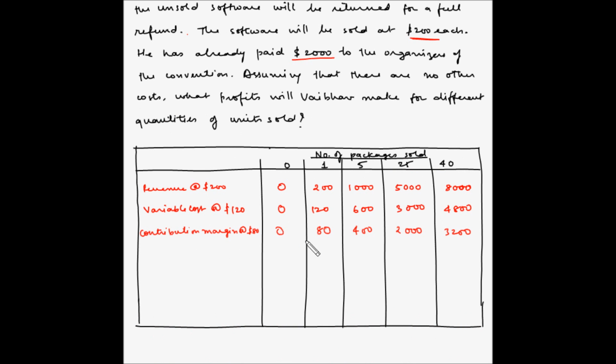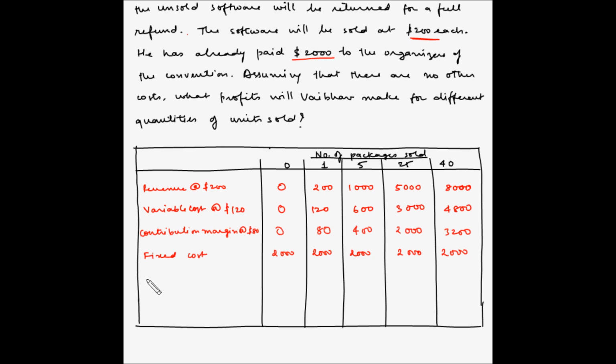So let's find out at what quantity will it start generating profits. So next, what we'll mention here is the fixed costs. This is $2,000, $2,000, $2,000, $2,000, and $2,000. So this is constant irrespective of the number of packages sold.